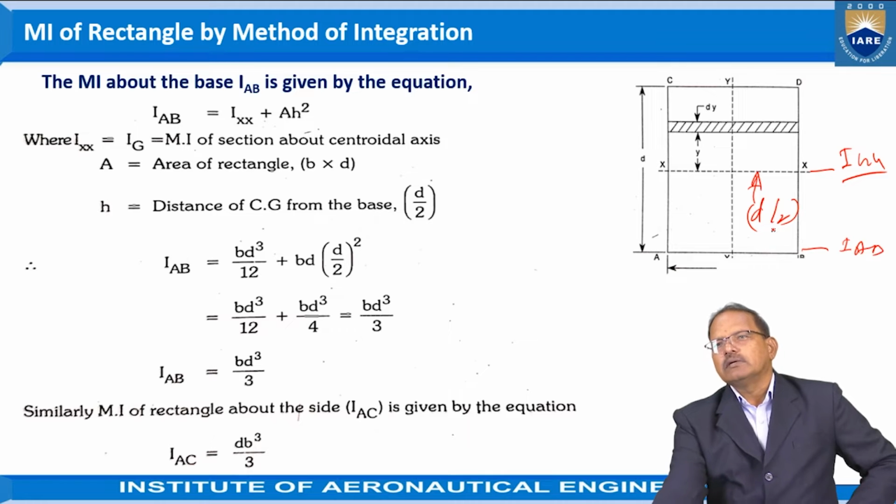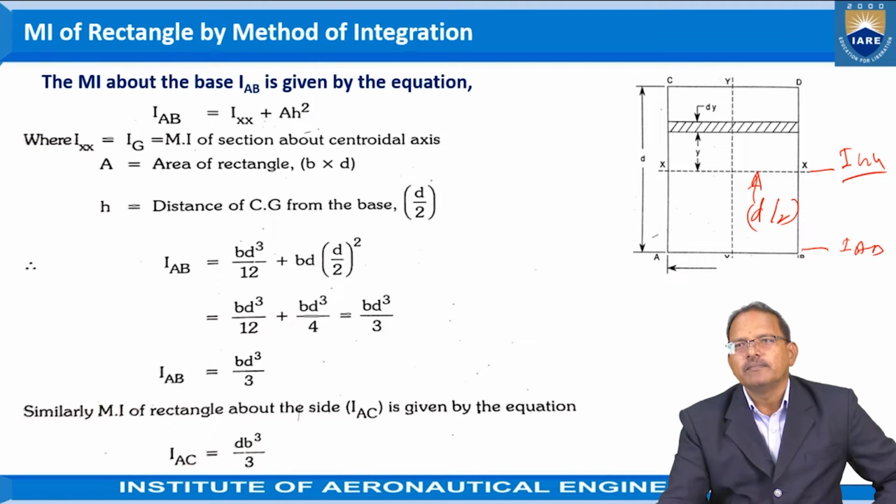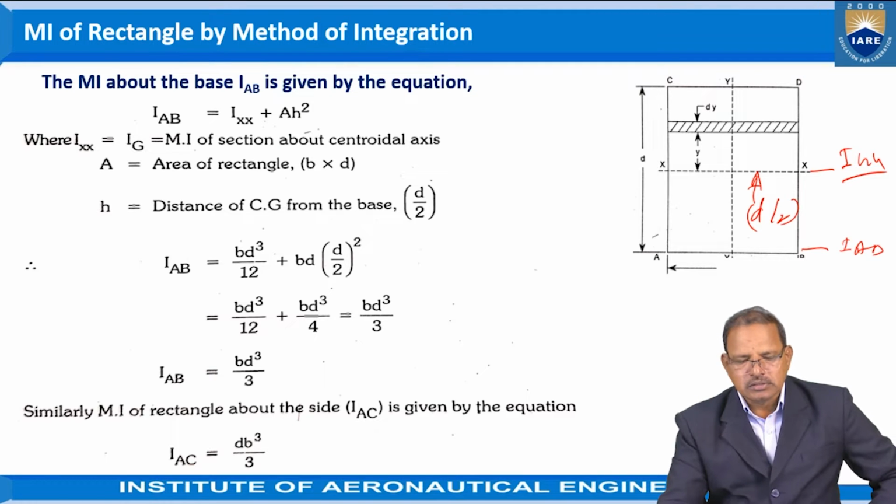According to the parallel axis theorem, the moment of inertia about any line AB is equal to the sum of the moment of inertia of that entire area about the central axis which is parallel to AB, and the area multiplied by the square of the distance between these two lines.